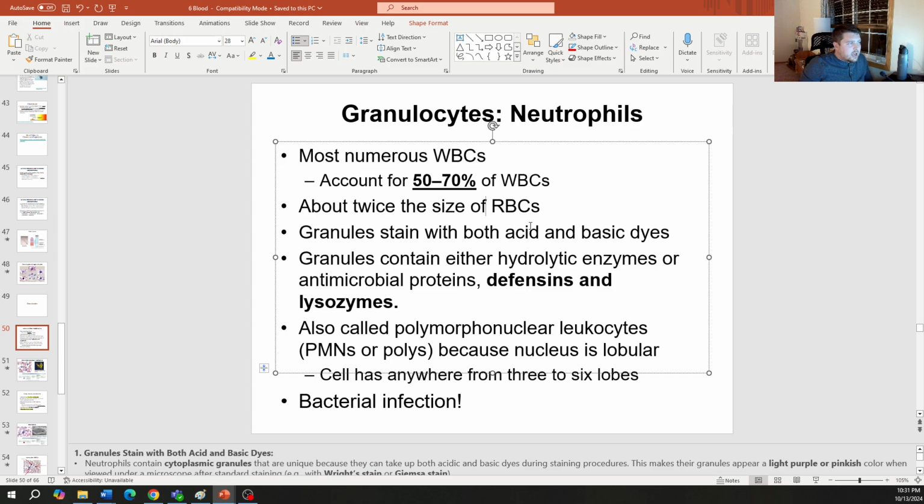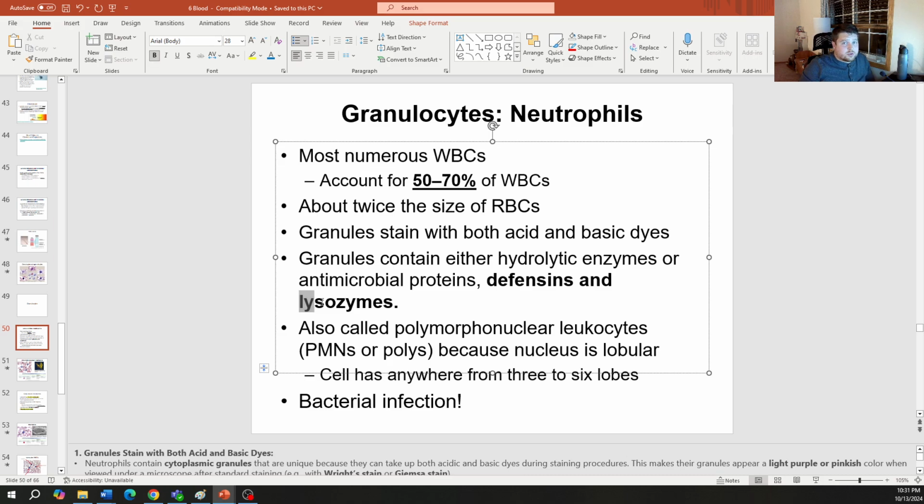They're twice the size of red blood cells. The granules, they have those. They contain proteins, specifically proteins called defensins and lysozymes. Remember lysozymes? That sounds familiar, like those lysosomes within cells.